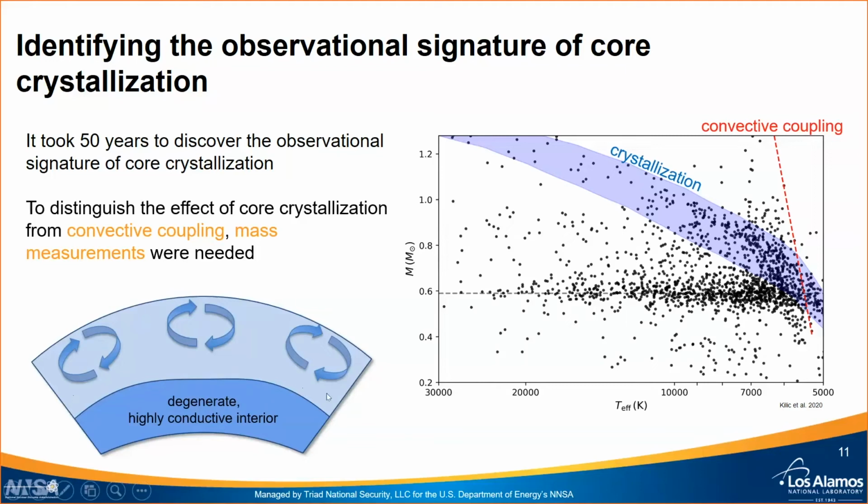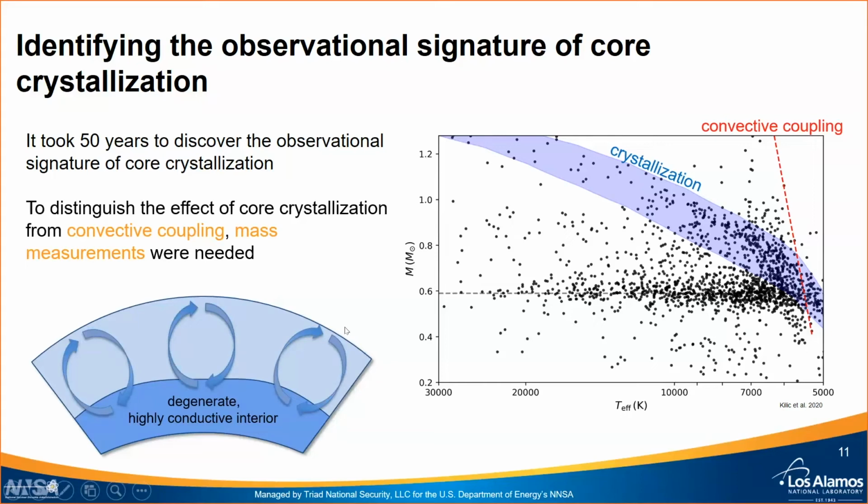So it acts like a buffer for the white dwarf cooling, and it stops the white dwarf from cooling down too fast. But when convective coupling is reached, the convection zone reaches into the degenerate interior. So at this point, the whole white dwarf structure is very efficient at transporting energy. So when this happens, you suddenly have a lot of excess heat to get rid of.